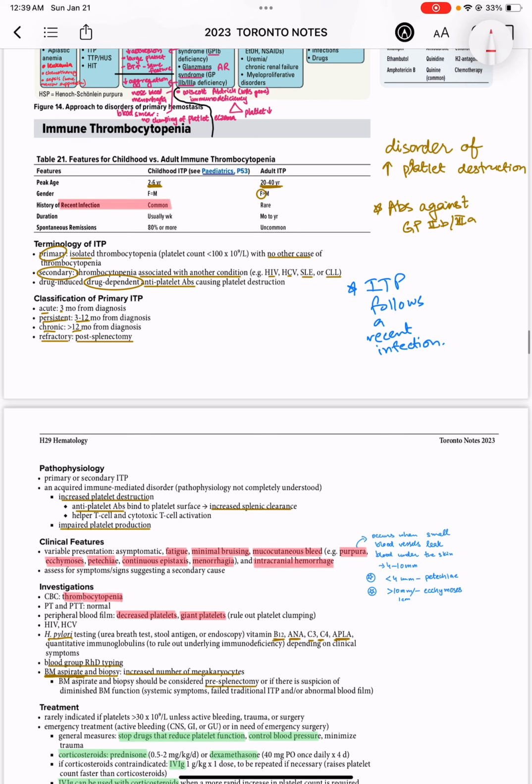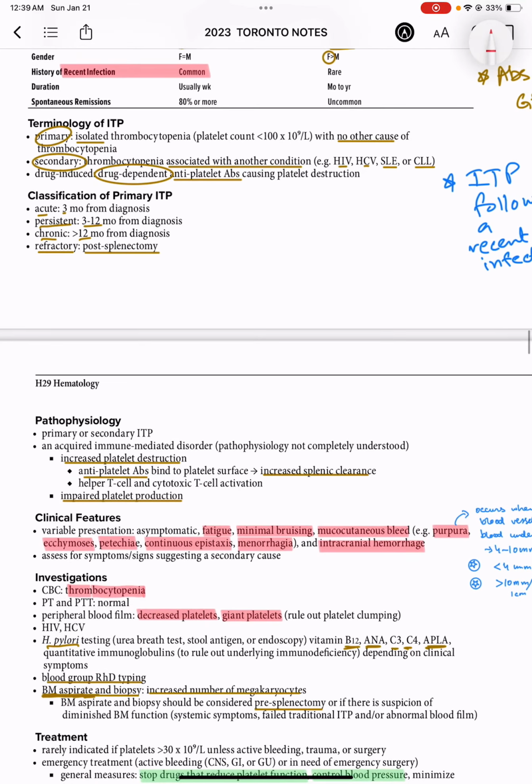So there is primary ITP, isolated thrombocytopenia with no other cause of thrombocytopenia, and platelets would be less than 100. And then there will be secondary thrombocytopenia associated with any other condition like HIV, HCV, SLE, CLL, or it could be drug induced also. In drug induced, there would be antiplatelet antibodies, and there would be platelet destruction, and thus a decrease in platelet levels.